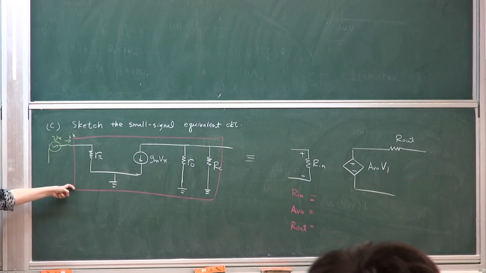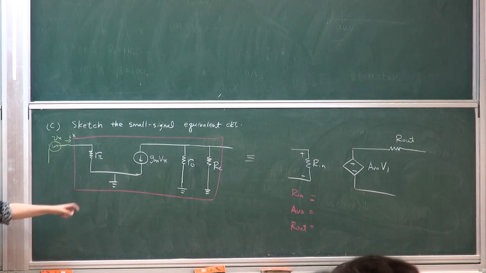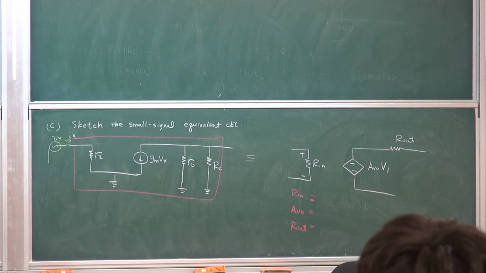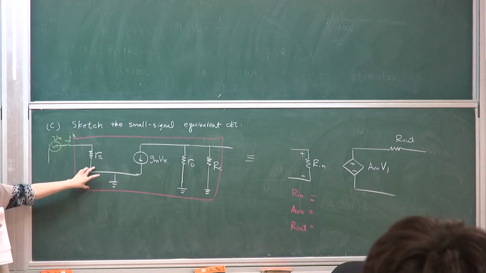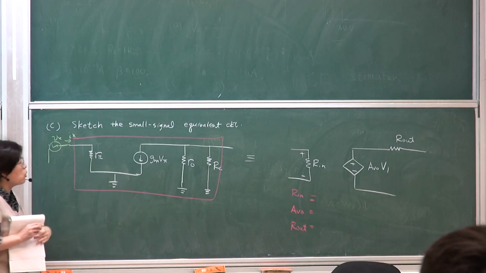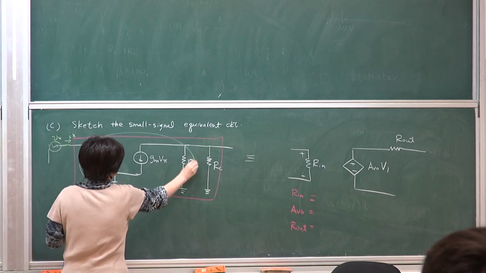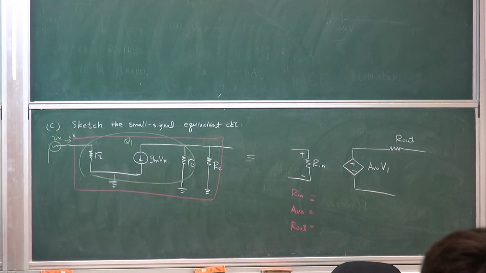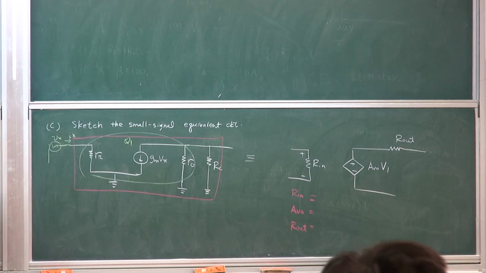Why is it confusing? I'm simply transforming this into the small signal model, right? So this is a small signal equivalent circuit. This is Q1, and I'm only adding a resistor to ground, right? So what is Rin?